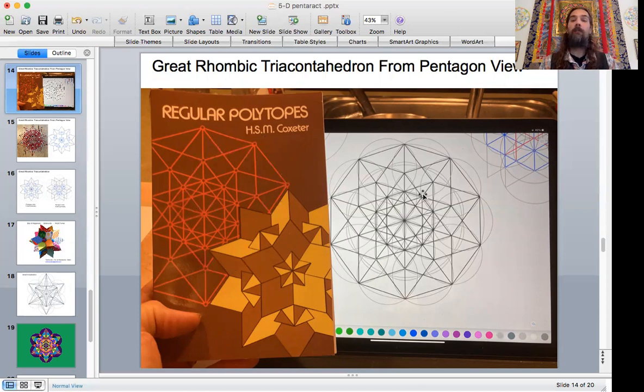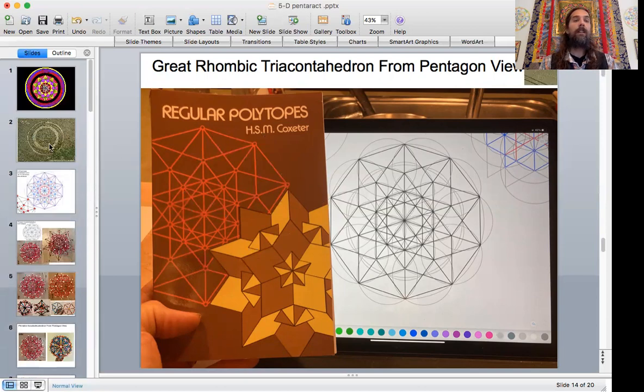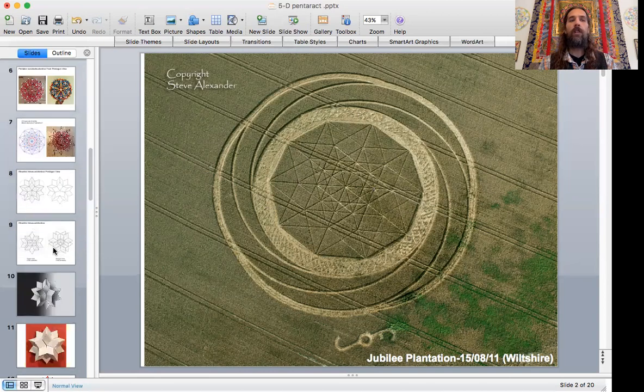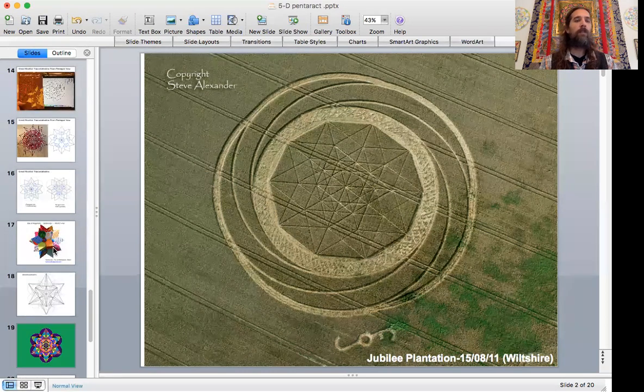Now remember, this is the same drawing that you're seeing here that's on the cover of this book. It's way back here on this crop circle, right? This is the 5D pentaract. And with my apprentices this past week, I showed them how to draw this pentaract. And your lines are definitely not perfect. So it's amazing how this was created to get this level of precision at this scale, when it's very difficult to do, even in a notebook with a straight edge, pencil and compass.